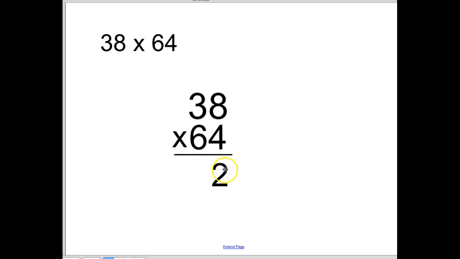And I did the extra step before, but again, I'm going to pretend that the 6 isn't even here. I'm just going to do 38 times 4. And 8 times 4 is 32. 2 goes down, 3 goes up. 4 times 3 is 12, plus 3 is 15. So I have 152.